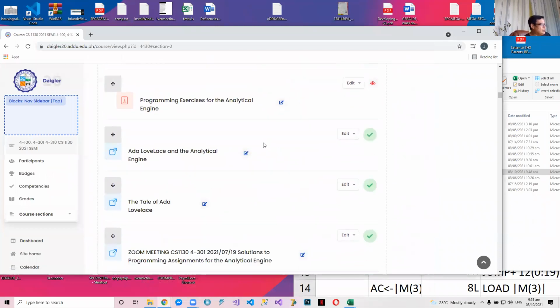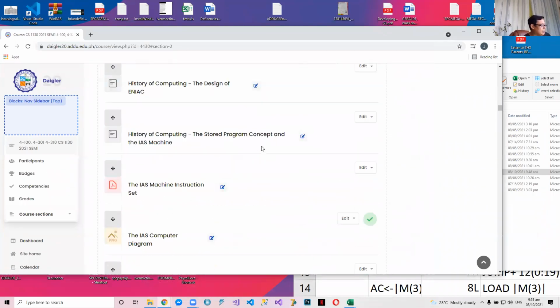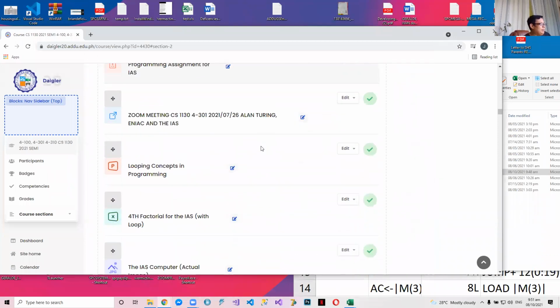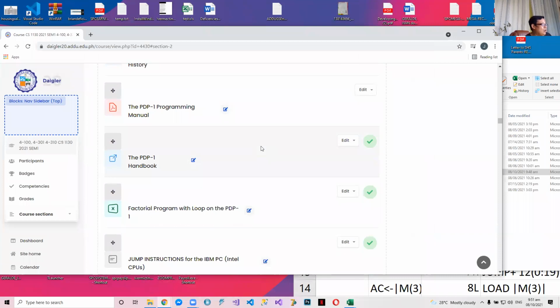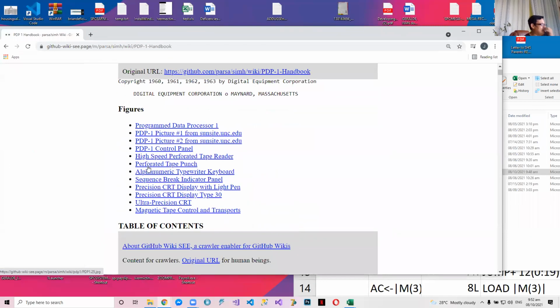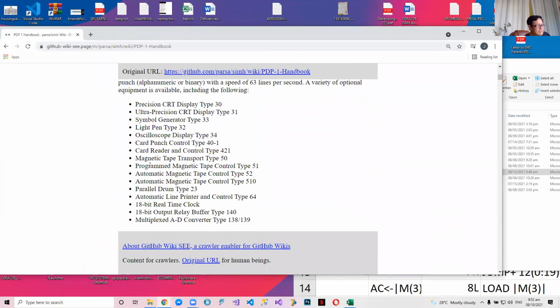Okay. I'd like to show you the handbook, because the original manual for the PDP-1 computer is not complete. It's missing some parts. Okay, let's look at this, the handbook. This looks okay. So it's almost the same.